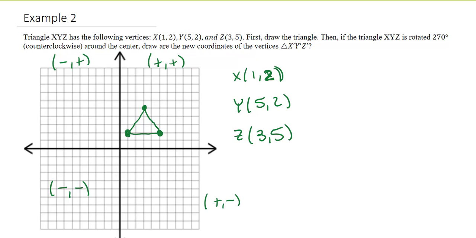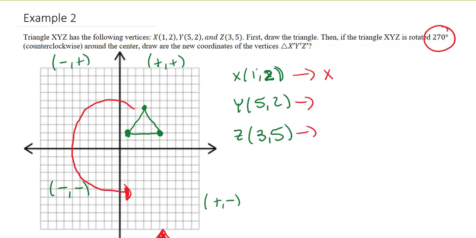If we are rotating 270 degrees counterclockwise, we rotate here, which is 90 degrees, here, which is 180, and then we end up in quadrant 4. So we're going to end up here. How do we go about this? Let's think about this.